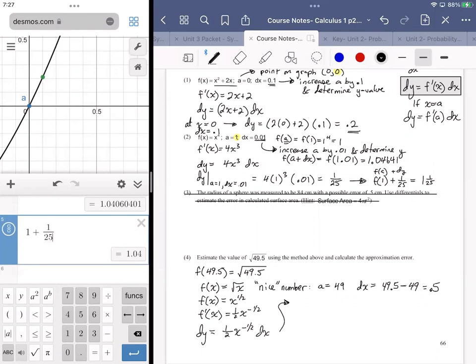To get our approximation value, all we have to do is evaluate dy when x is equal to the a value, which is 49, and dx is equal to 0.5.